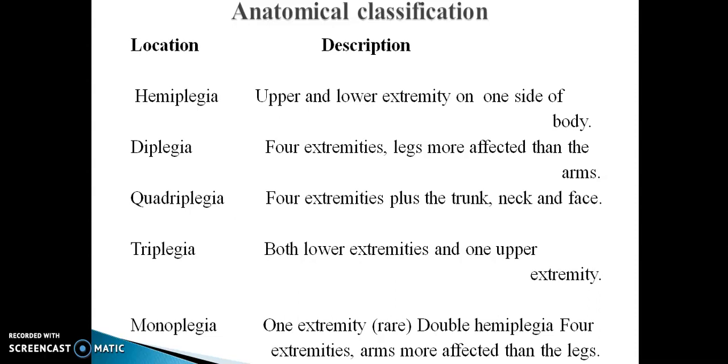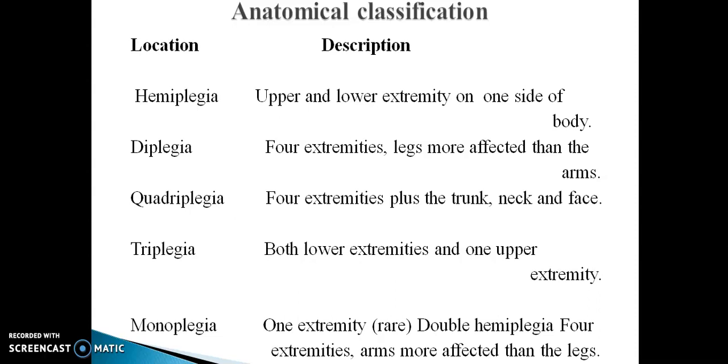the child is able to have some kind of motor capabilities. Monoplegia is very, very rare. I have my own experience: even after seeing at least 1,000 cerebral palsy children, I have never seen a monoplegic patient.